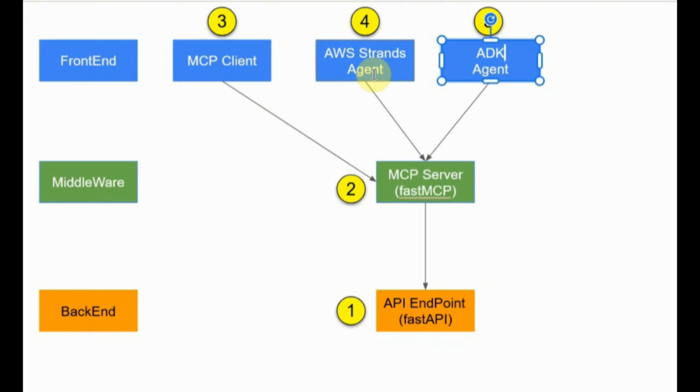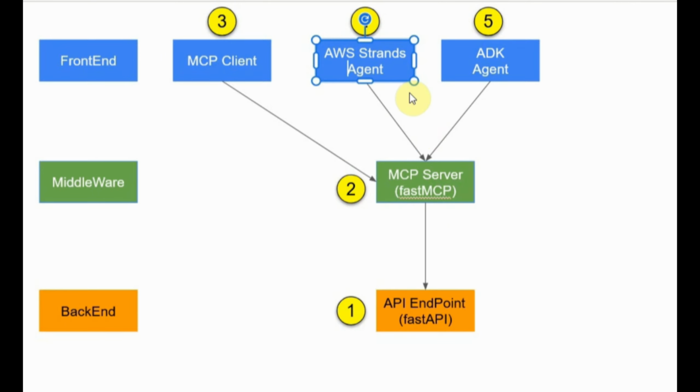For the details of the AWS Strands agent and the ADK agent, please follow my videos. I have already published a few videos about the AWS Strands agent, especially about which LLMs are used there, because once I was showing you the code for the ADK agent, I explicitly showed the Gemini model, but in the case of the AWS Strands agent, I haven't provided any model there.